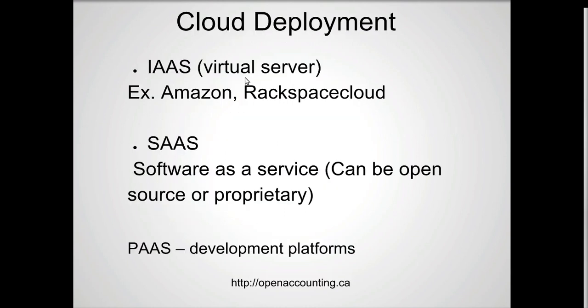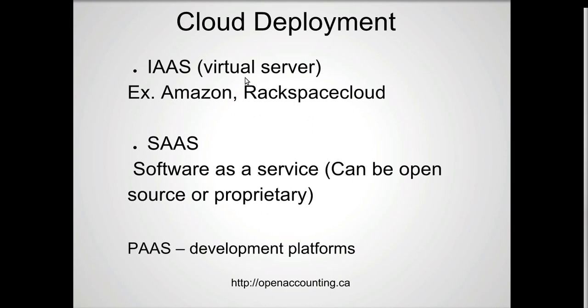So in terms of cloud deployment, if that's what's chosen, there's really different ways or different layers. That's one way to think of it. In terms of infrastructure as a service, we're really looking at a virtual server, which is, for all intents and purposes, the same thing as a physical server, except we have some advantages if the server is virtual.